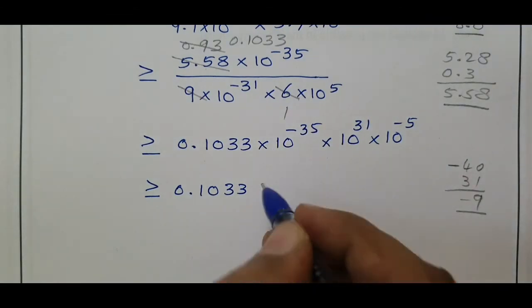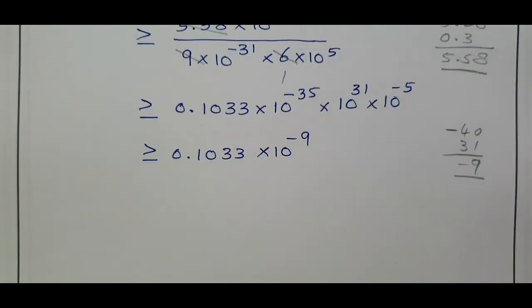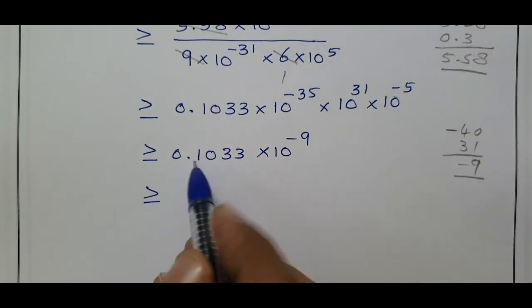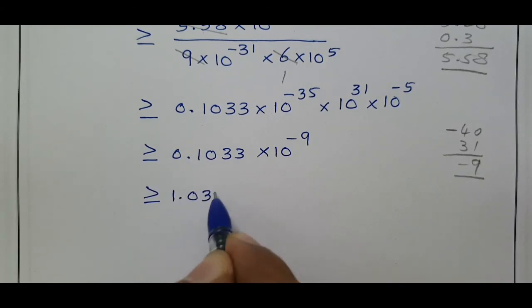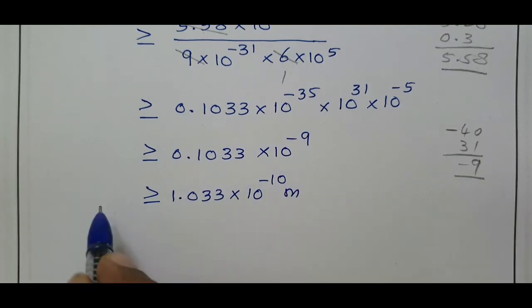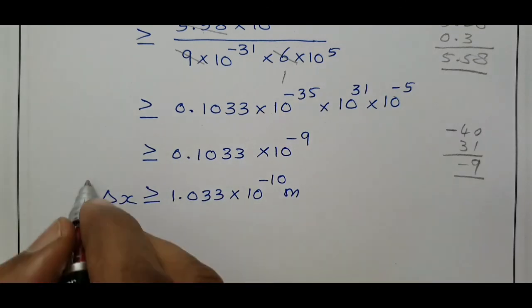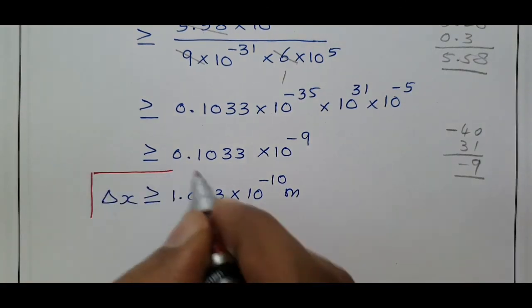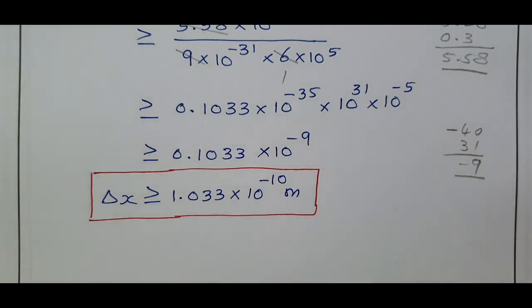So into 10 power minus 9. 0.1033 in scientific method we have to convert to 1.033 into 10 power minus 10 meter, the uncertainty in position of the electron. So our answer is delta x equal to 1.033 into 10 power minus 10 meter. This is our second evaluate yourself.